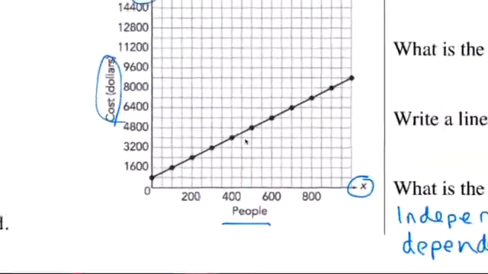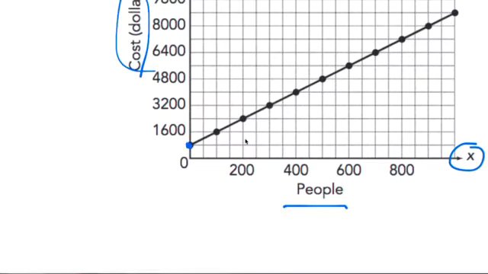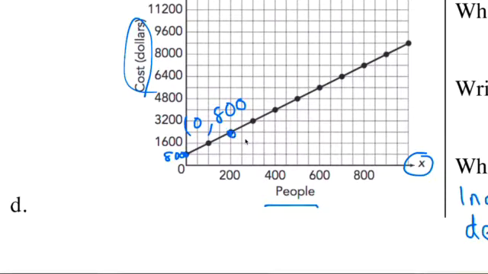Finding the slope, just choose 2 points. I'll choose 0 people, $800.